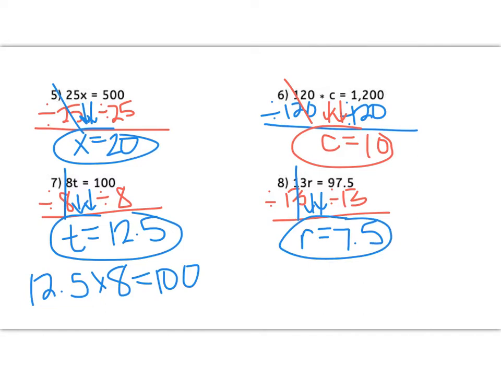So again, what that means is 13 times 7.5 is going to equal 97.5. And you can check that in your calculator. If you multiply them together, you will get 97.5.